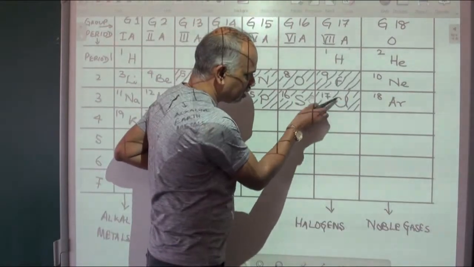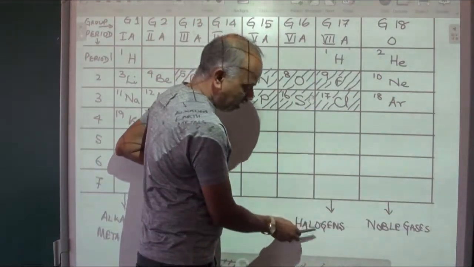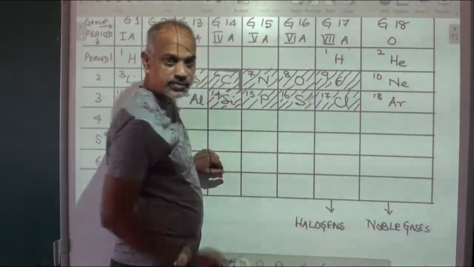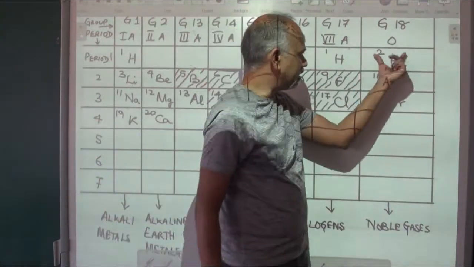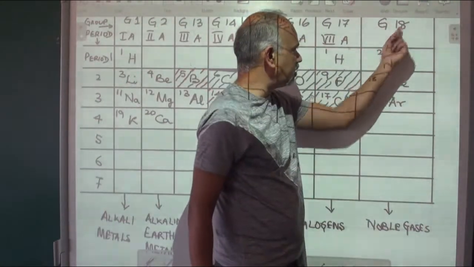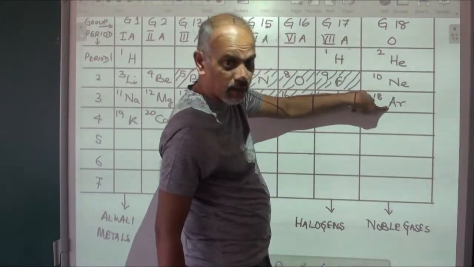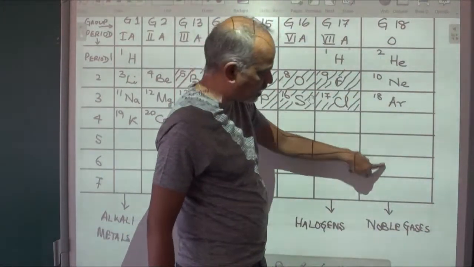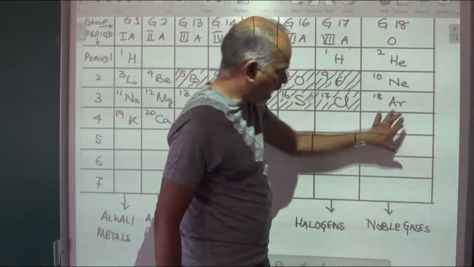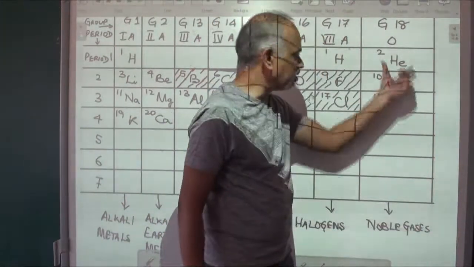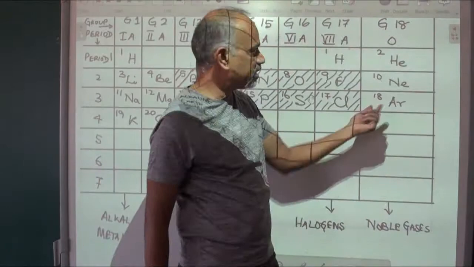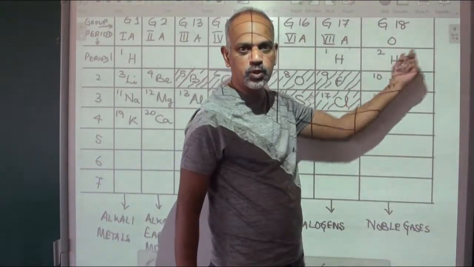And the ones in the last group, that's group 18 or group 0, helium, neon, argon, krypton, xenon, all these are called noble gases because they are completely filled. That's why they belong to group 0.